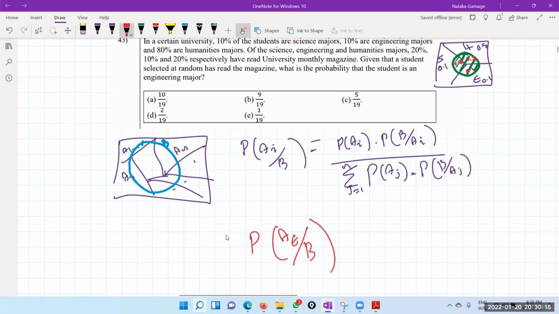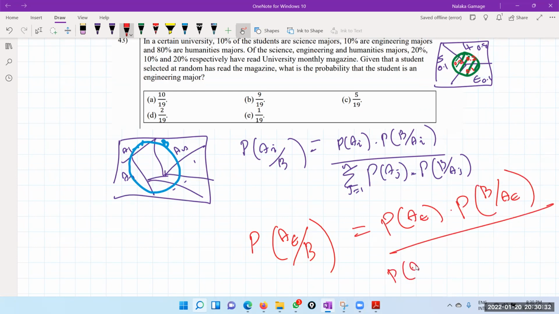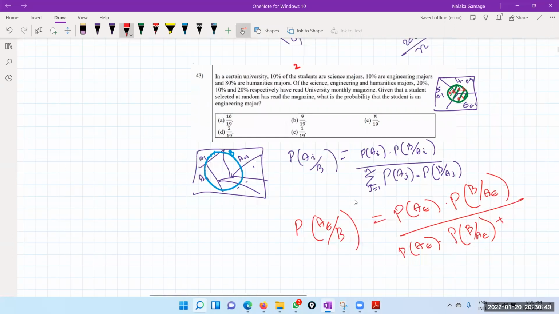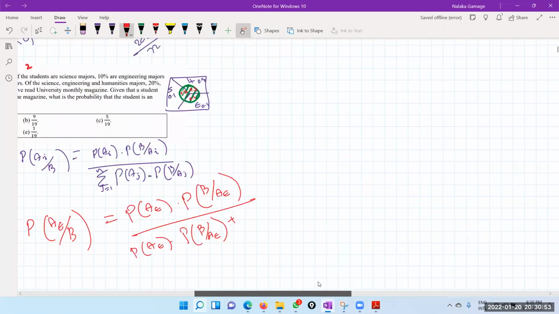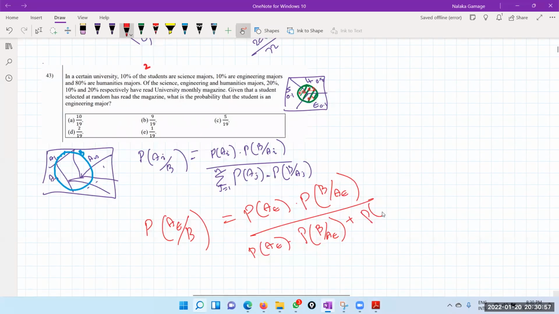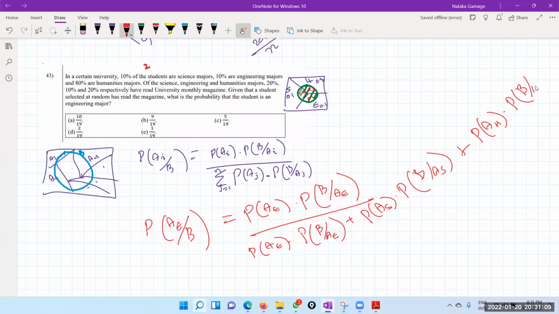According to Bayes theorem, this is probability of A engineering into probability of B given A engineering, divided by probability of A engineering into probability of B given A engineering, plus probability of A science into probability of B given A science, plus probability of A humanities into probability of B given A humanities. That is the formula.